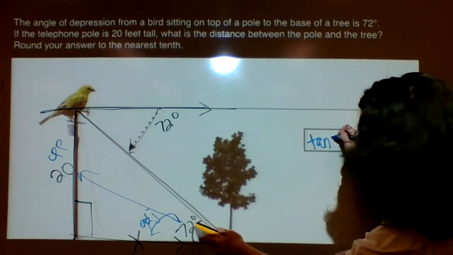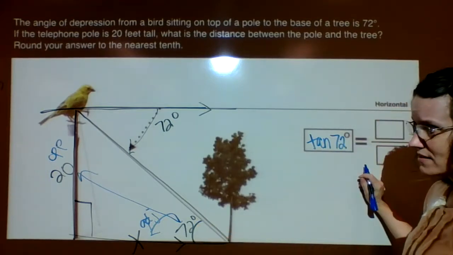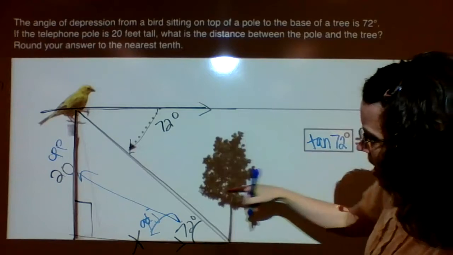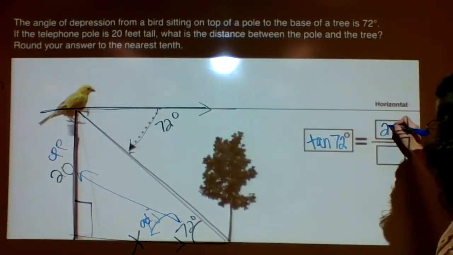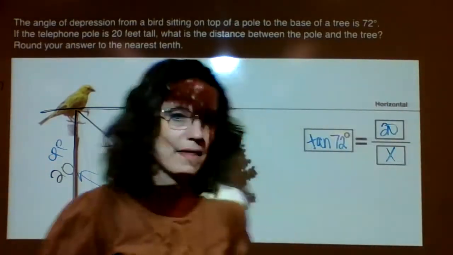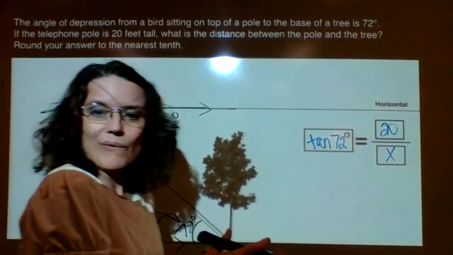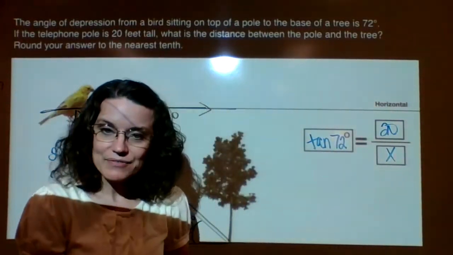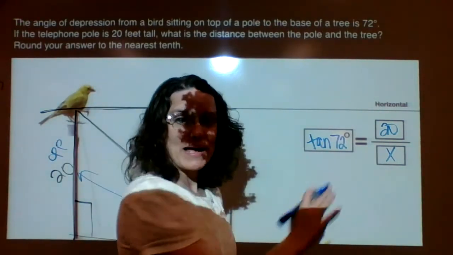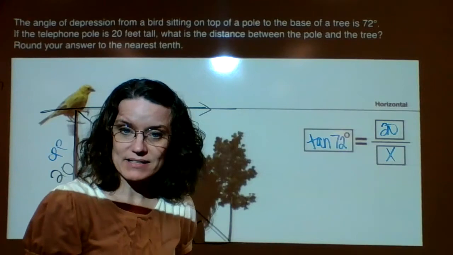And I know that it's 72 degrees, and so I'm going to be using my opposite is 20 and my adjacent is x. Okay, so doing that, I don't have to use my inverse function here because I already know my angle. I just need to get x by itself.